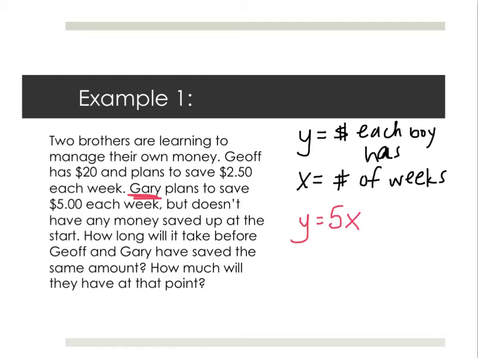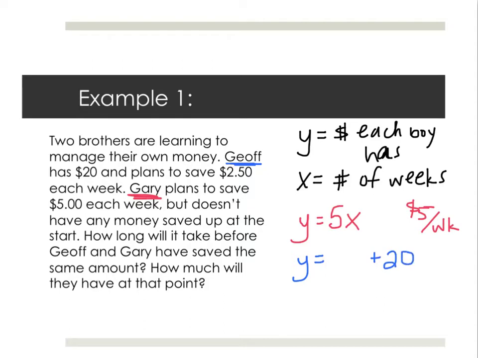And we know that $5 per week, that's a rate, a rate of change, that's a slope. And if he doesn't have any money to begin with, we don't have a y-intercept, so we're not going to add anything to our 5x. The other person is Jeff, and Jeff starts off with $20. So there's a y-intercept on his.